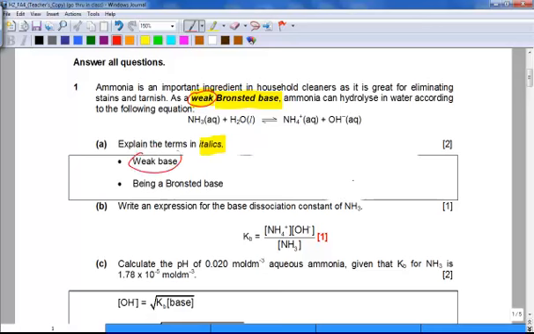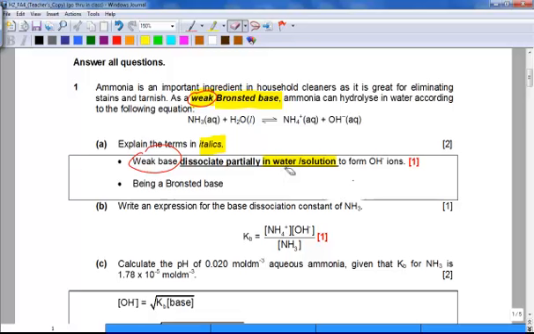Okay, so for a weak base, you have to mention that it dissociates partially in water or solution to form OH minus ions. The key term here is in water or solution, because if it dissociates partially without the water, it won't give you OH minus. So you need the water or solution.